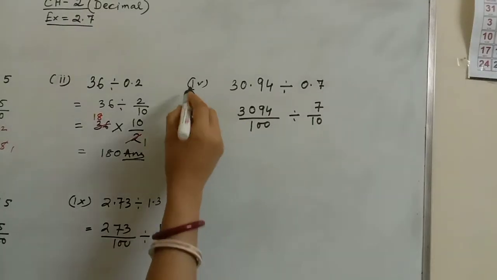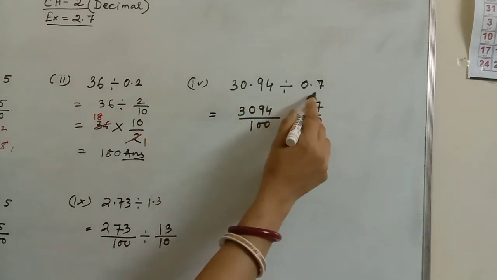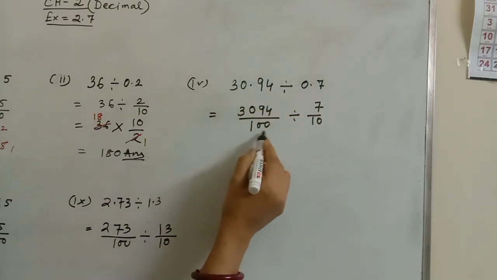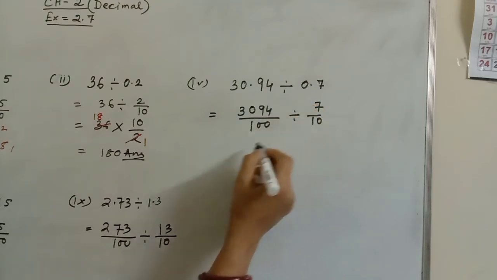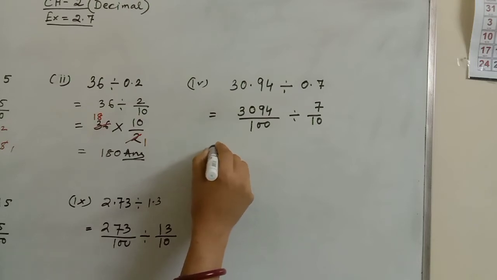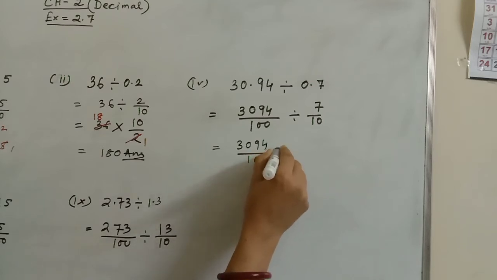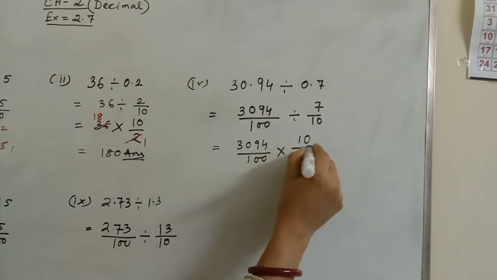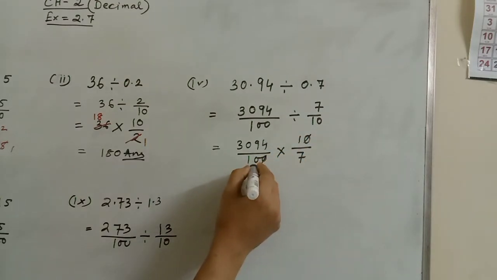Now the next question, 30.94 divided by 0.7. As 94 is after 2 places of decimal, so 100, and 0.7 means 7 by 10. Now make the reciprocal of this number: 3094 by 100 into 10 by 7. If you cancel this, then 10 is there.